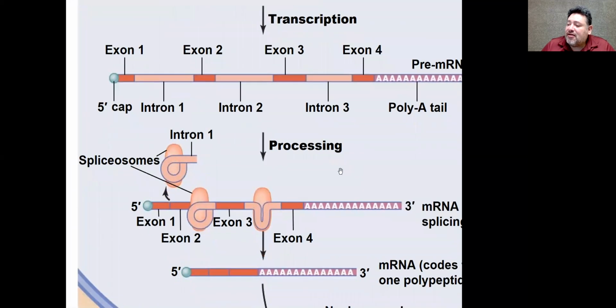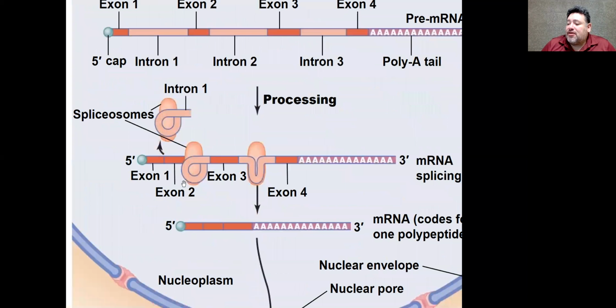So notice here that once this spliceosome is done, you have exon 1, 2, 3, and 4 attached here. Those are the actual coding parts of the messenger RNA that will make the correct protein once those introns have been excised, okay?